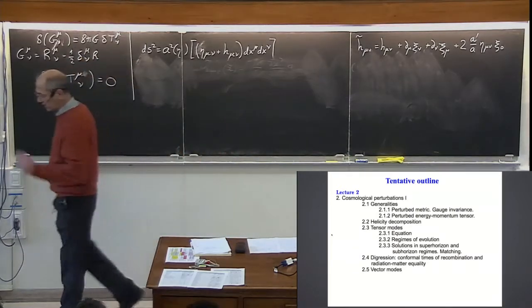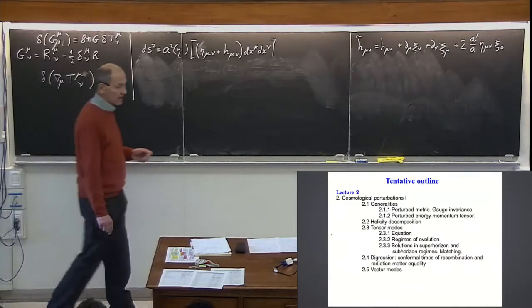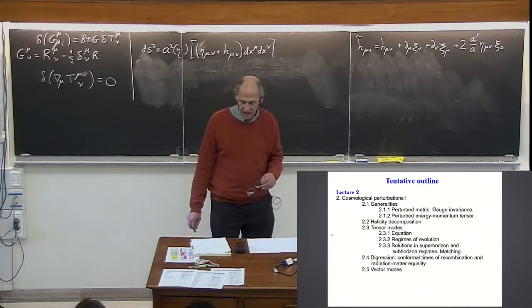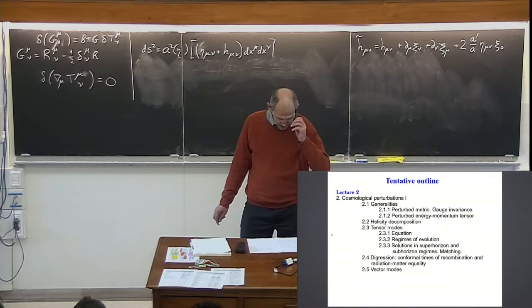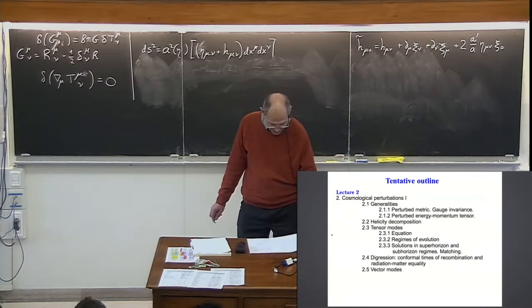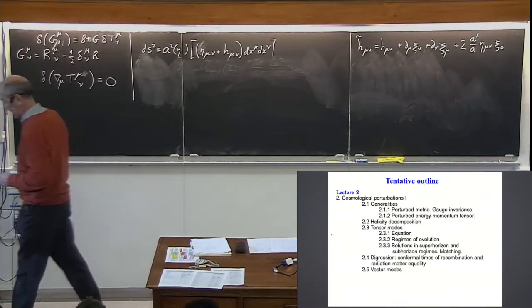The variation of the Einstein tensor, its linear part in h mu nu. And you may use some gauge or work initially in arbitrary gauge. Now the right-hand side, we have to parameterize it.